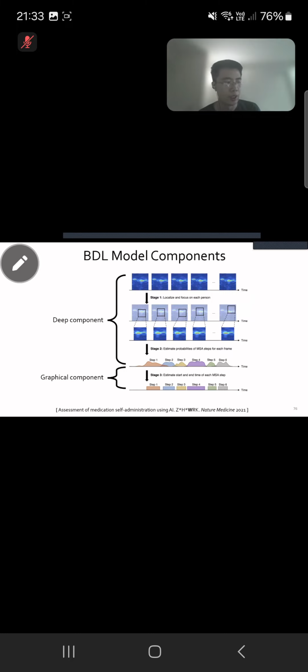The deep component consists of two stages. Stage 1 localizes and focuses on each person, and stage 2 estimates the probability of each MSA step for each frame. Note that each MSA step actually contains multiple frames. And the graphical component tries to combine the estimate from the deep component and the domain knowledge to make the final prediction.